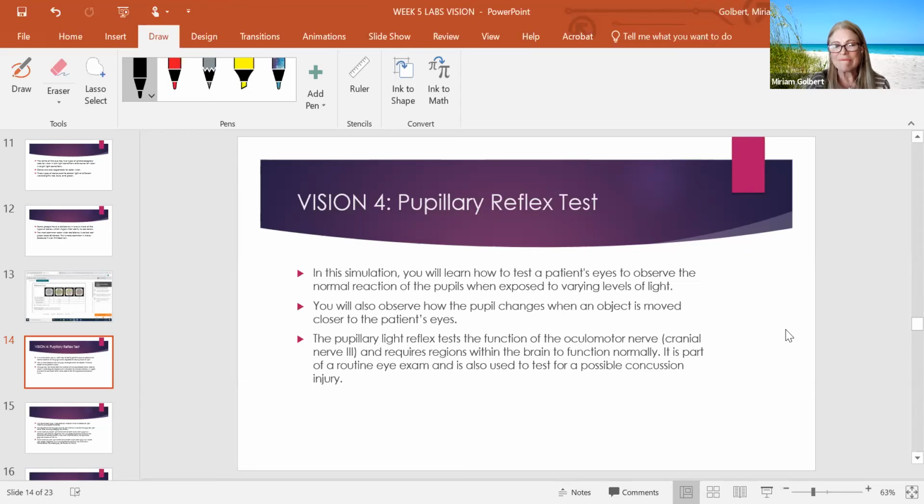So why do we have that? We have it to protect our brain really from getting a lot of light in, and protect our photoreceptors. When you shine a really bright light on your eyes, that's a lot of light. So you want to protect your retina, your photoreceptors, so the pupil constricts.